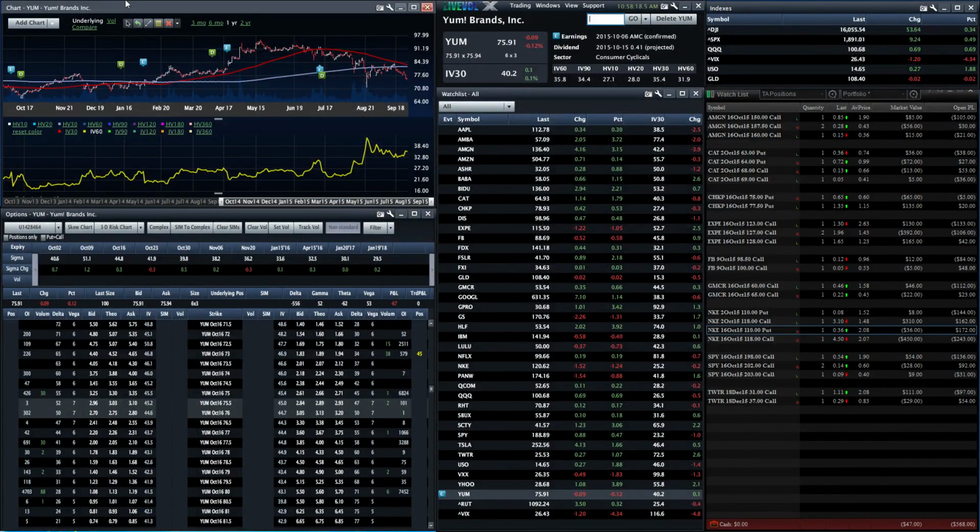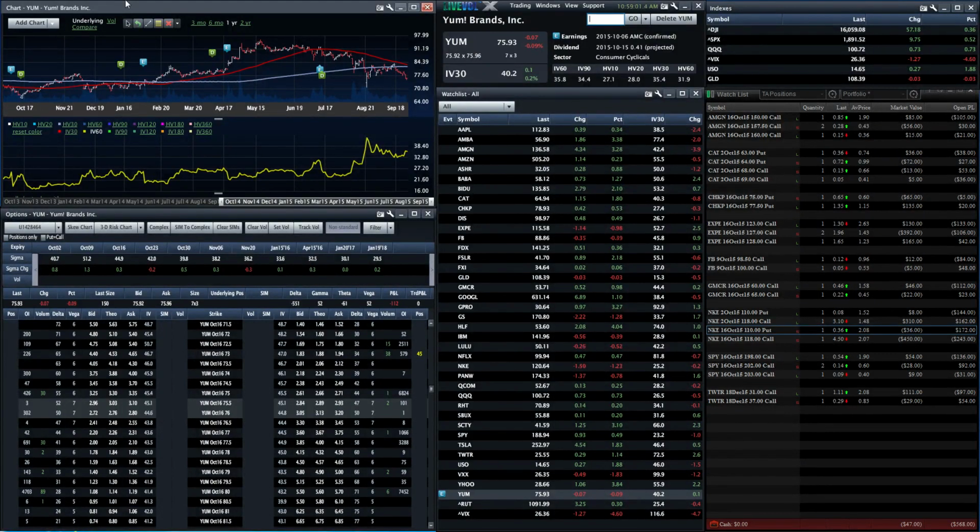Okay, so let's recalculate. 76 times 25% is 19. So over the last year, historically, the real movement in the stock based on the average implied volatility would actually be 57 to 95.